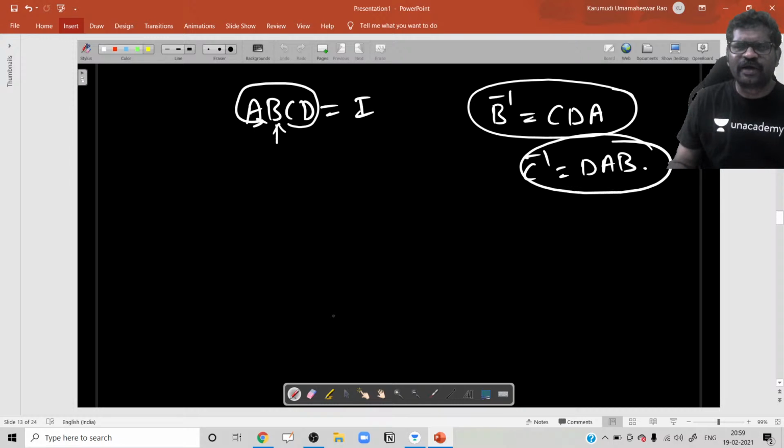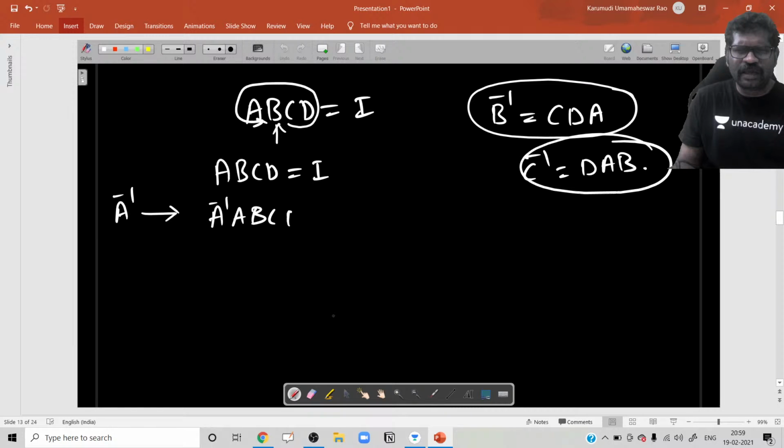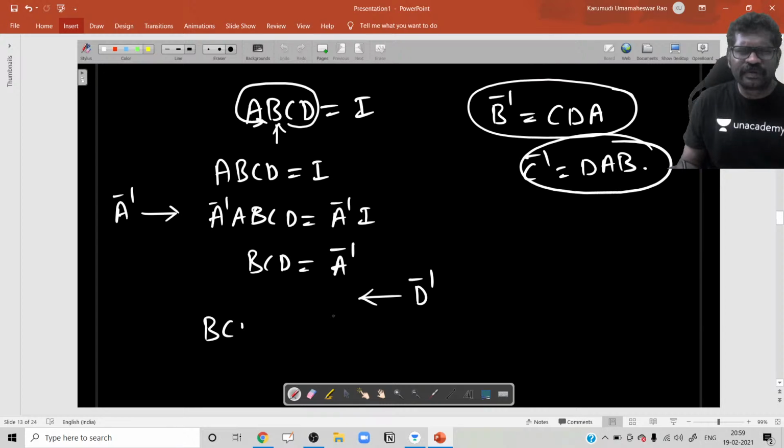I am explaining how it is so. Now A B C D equal to I. We have to find out B inverse. First, multiply this equation with A inverse from left: A inverse into A B C D equal to A inverse into I, so B C D equal to A inverse. Next, multiply with D inverse: B C D D inverse equal to A inverse D inverse.